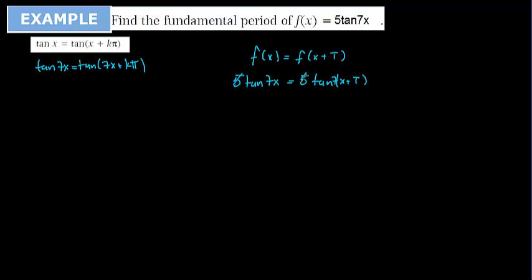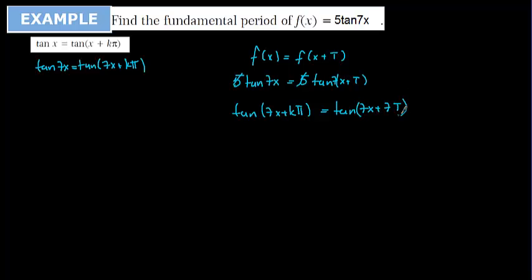When we simplify, tangent 7x is equal to tangent of 7x plus k times pi, which is equal to tangent of 7x plus 7T. So 7x plus k times pi is equal to 7x plus 7T.